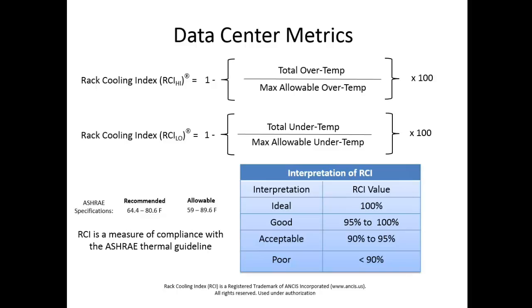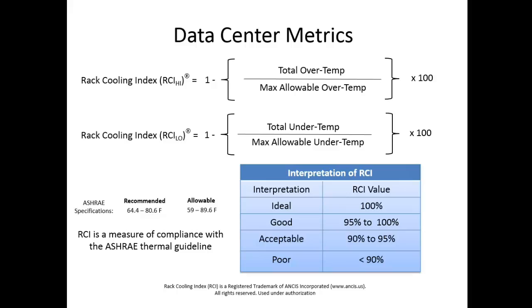So as a percentage, how are you doing? You want it to be near 100. 100 would be great. If it's over 100, then you're in bad shape. Good is around 90 to 95%, acceptable is 90 to 95, and poor is less than 90.